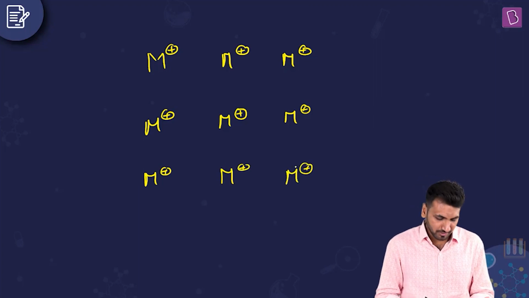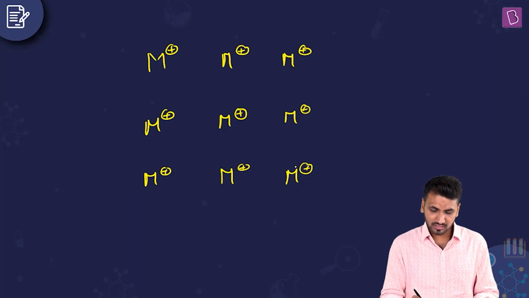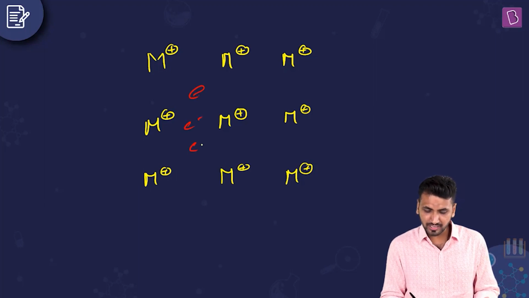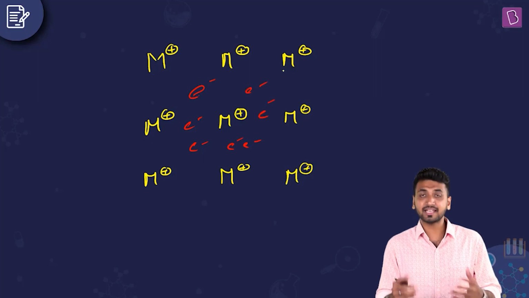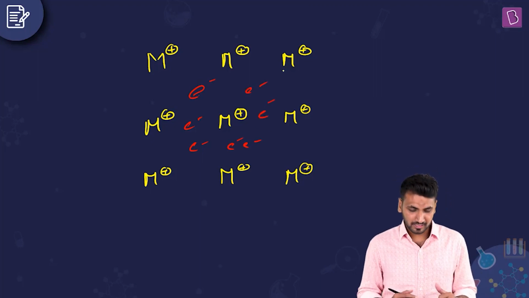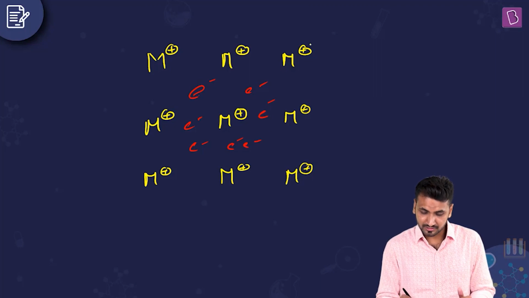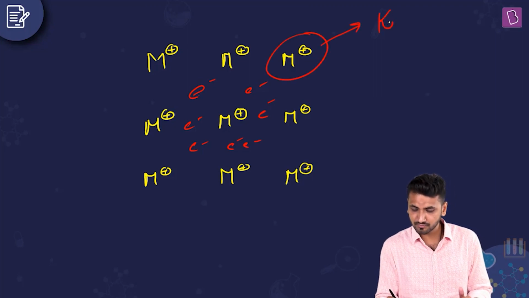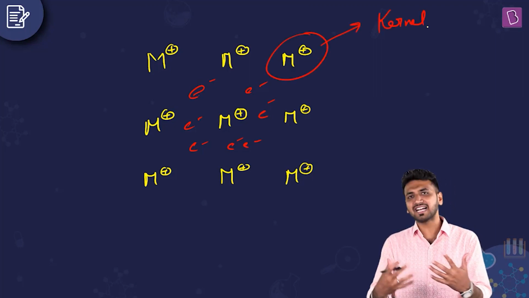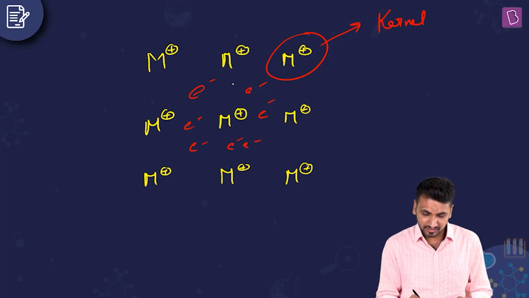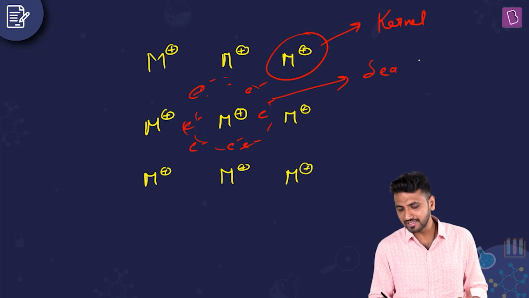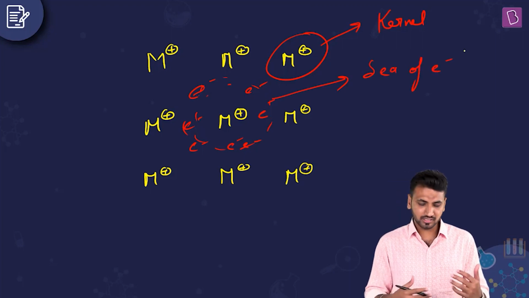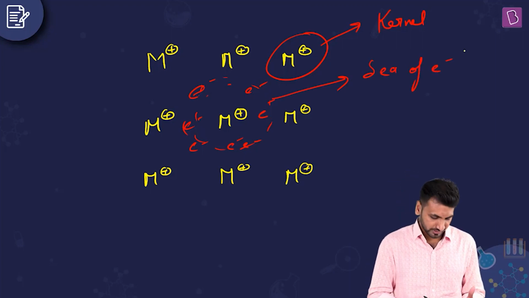And the free mobile electrons behave like a sea of electrons, right? I hope you can understand this. This is your kernel, the positively charged metal ion, and this is your sea of electrons, right? They are mobile electrons. They can move in the crystal, right?